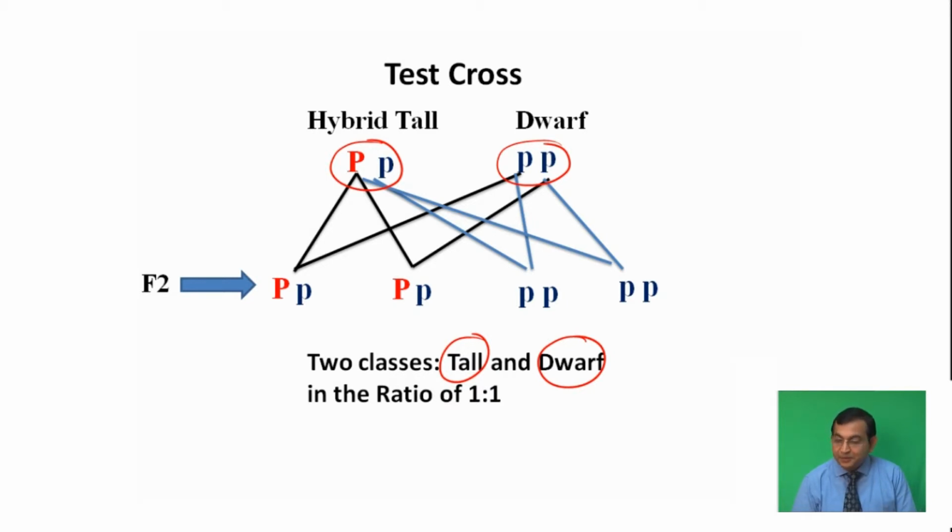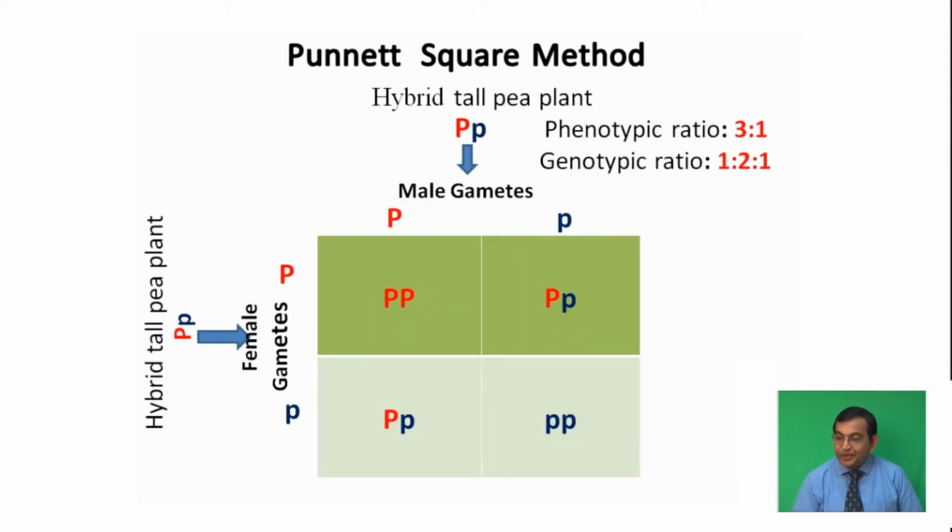Mendel also carried out further experiments on pea plants. Another method is called the Punnett square method.